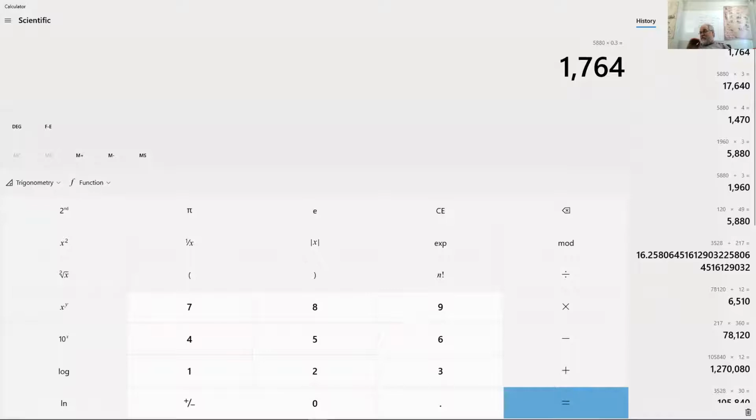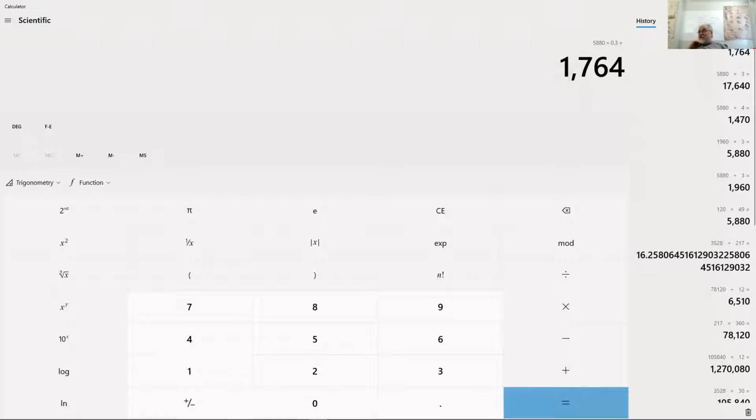Okay, so another way we could look at it is that 5880, this number here, if I multiply it by 0.3, gives me this number. That's another way of looking at it.